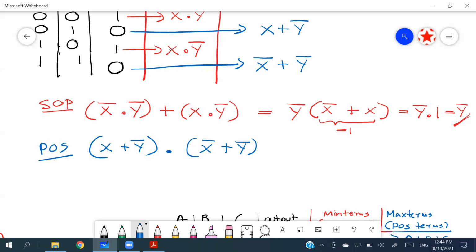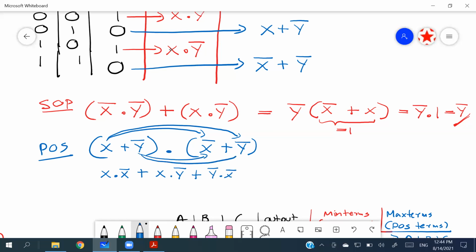Right? So let's apply the distributive law to this one. So how is it going to be? X dot x bar, multiplying these two from x, plus x dot y bar, plus y bar dot x bar, that is because of these two, and plus y bar dot y bar.